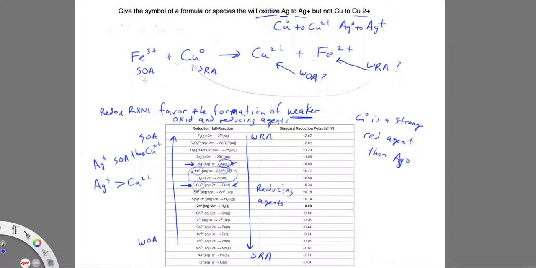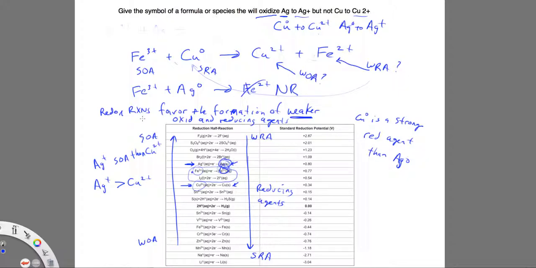What about iron 3 plus silver? Will this reaction go? And we already said that producing iron 2 is not going to happen because iron 2 is a stronger reducing agent than silver. So this is no reaction.